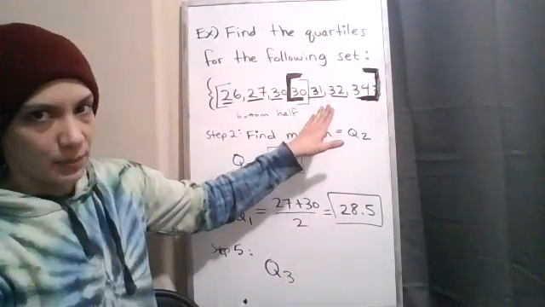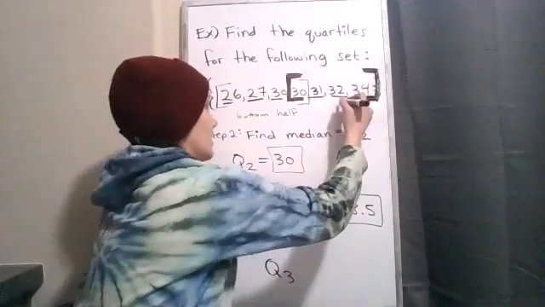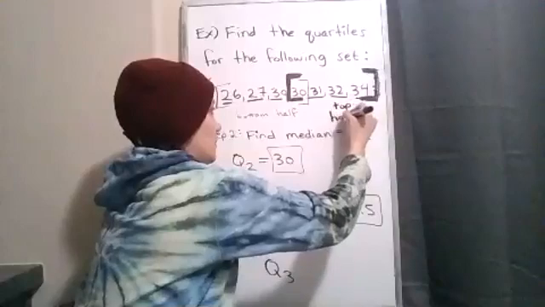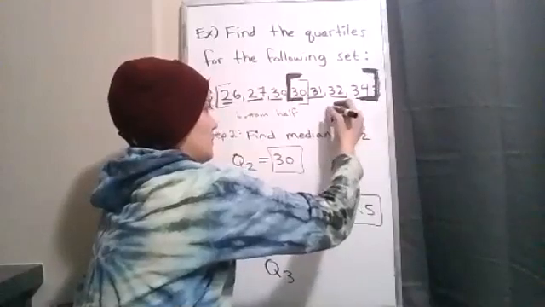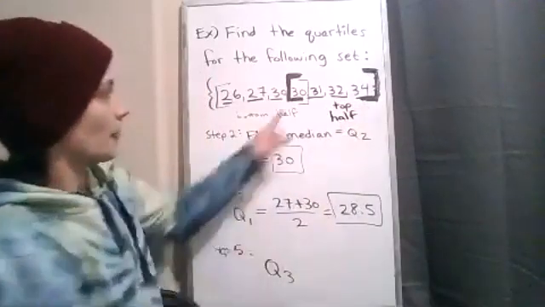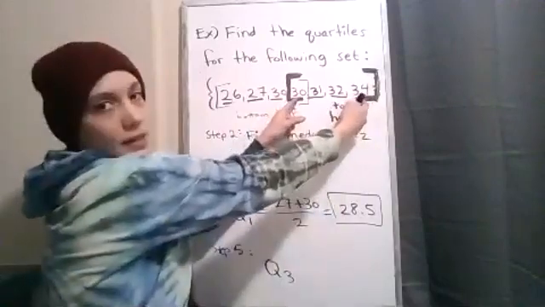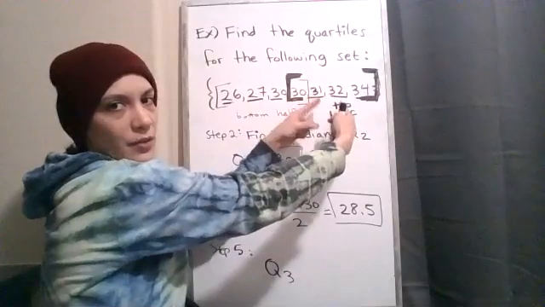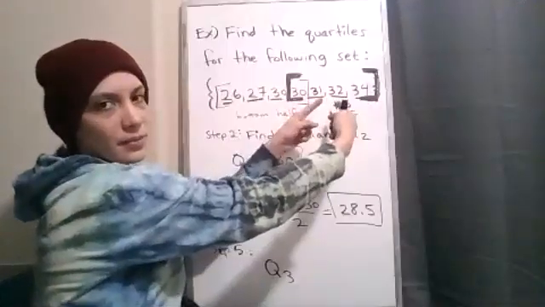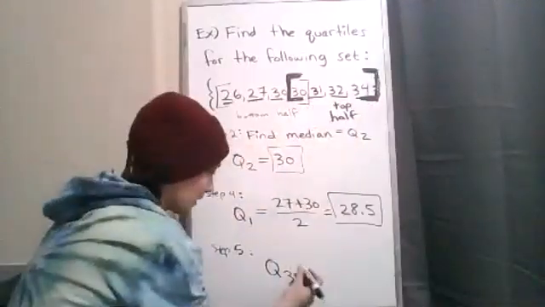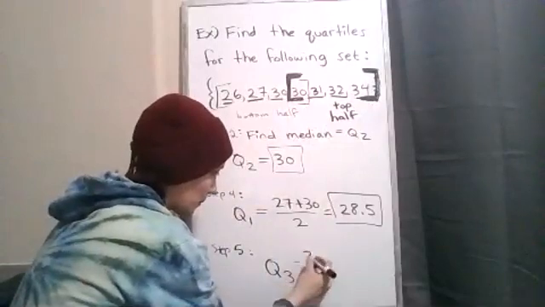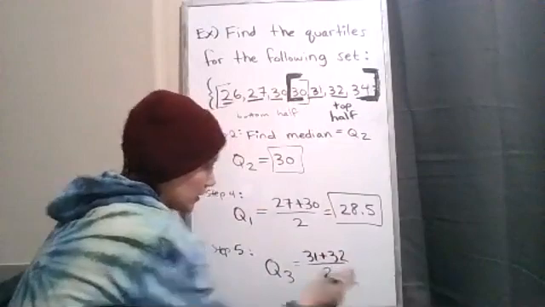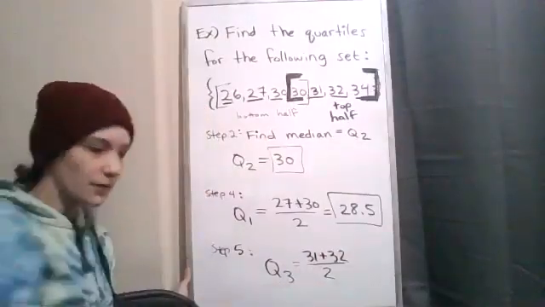That would be the top half. Again, the median of the top half will be Q3, where we take the average of 31 and 32, the middle of the middle. So 31.5.